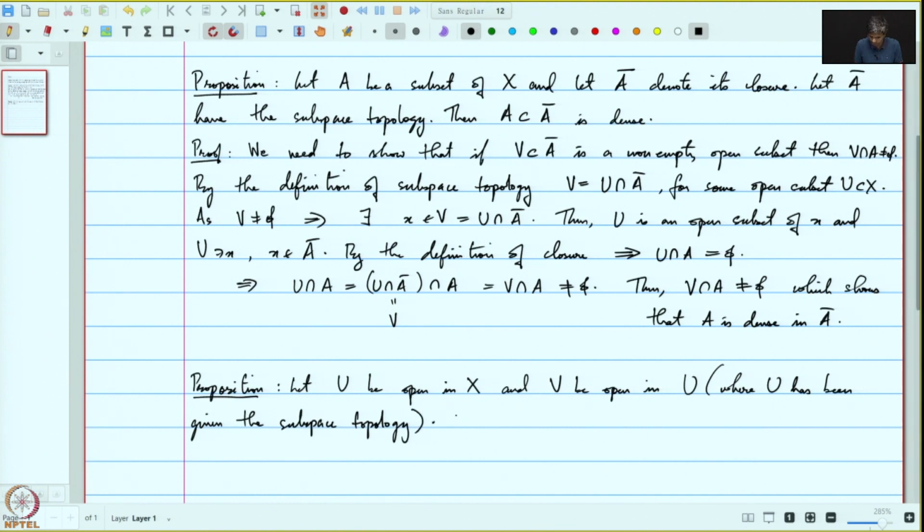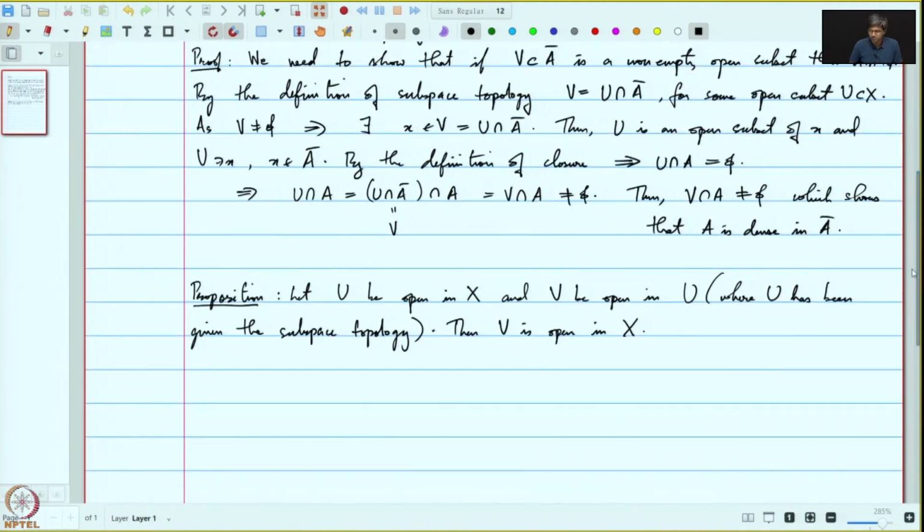Then we want to say that V is open in X. So in simple words, an open subset of an open subset is open in the larger topological space. So let's prove this. The proof is easy.